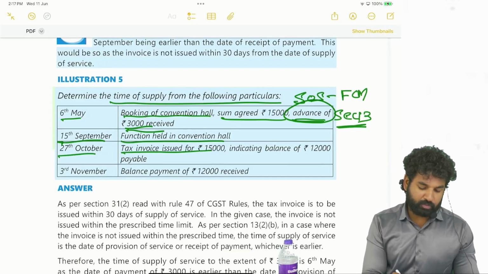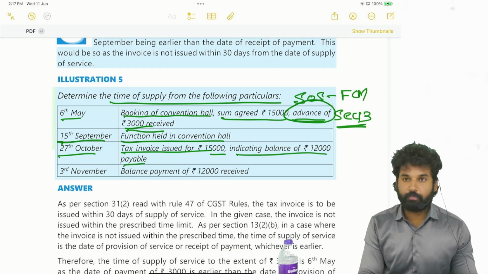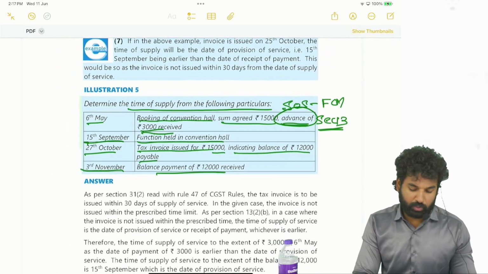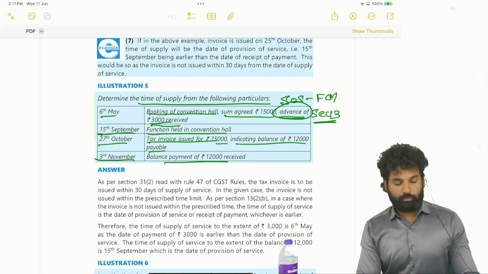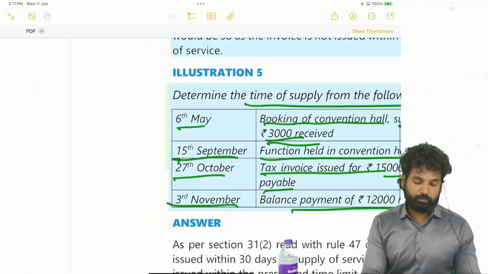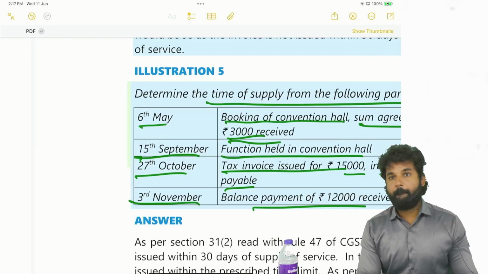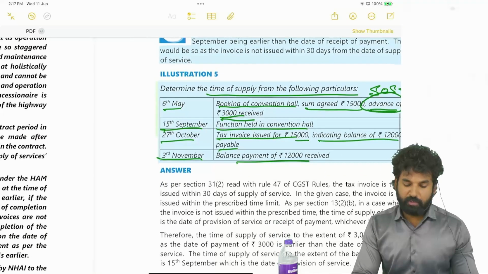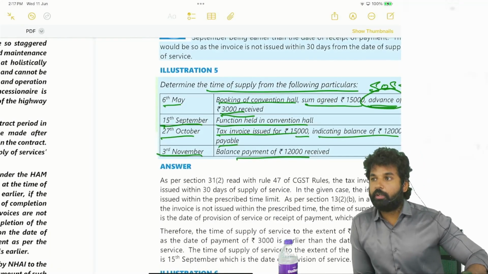27th October, tax invoice issued for 15,000 indicating balance of 12,000 payable. 3rd November, balance payment 12,000 received. So now you have to tell, what is the time of supply? See here, whenever there is an advance part payment, you have to determine two different times of supply.